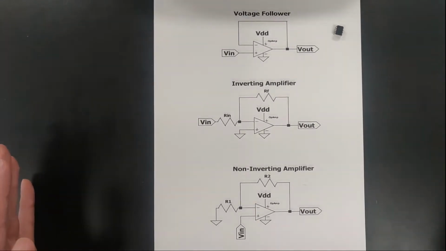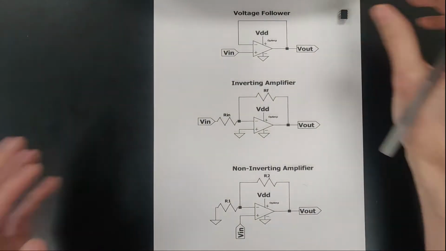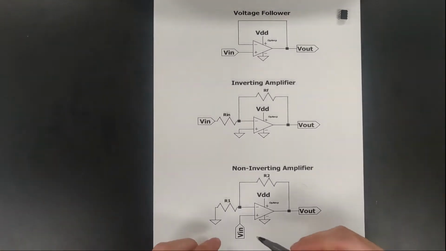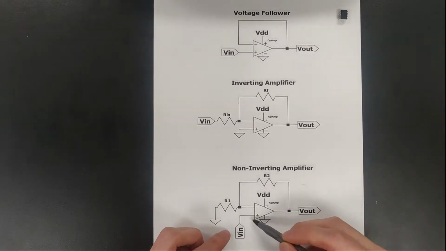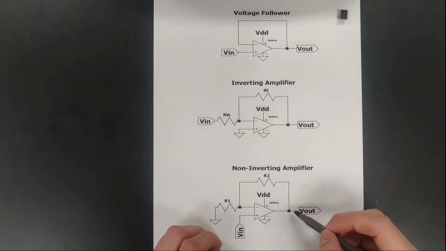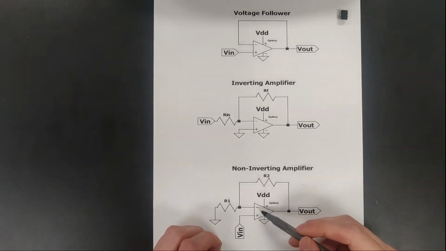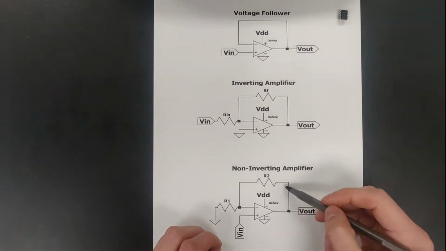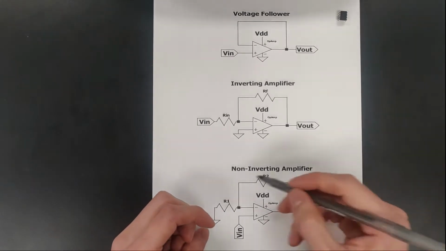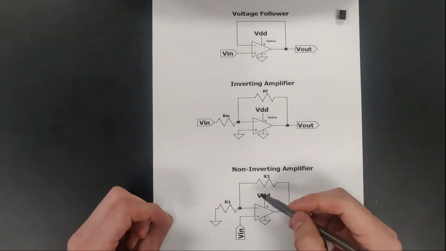And the last one is a non-inverting amplifier, which hopefully you can, by context, understand what's going to happen here. Our input is going directly into our positive terminal, so it's getting output, and then part of that output signal is being fed back into our negative terminal, so it's a smaller portion of the overall voltage.